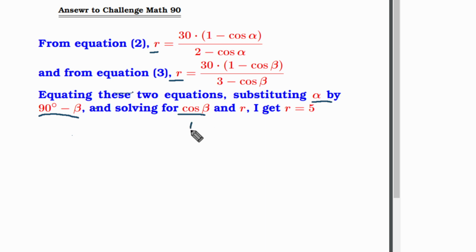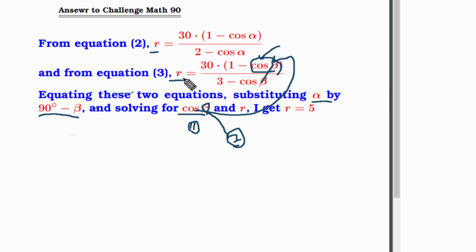This was step 1. Once you get the value of cosine beta, remember cosine beta itself can be one unknown value. And after that, you get the value of beta as a second step. Once you get the value of beta and cosine beta, or without getting beta, probably you can replace this directly into here, right?